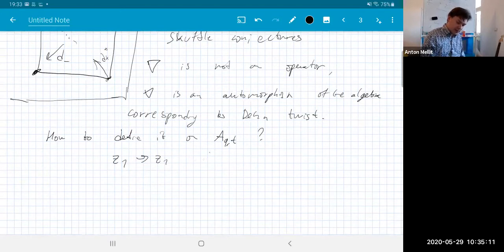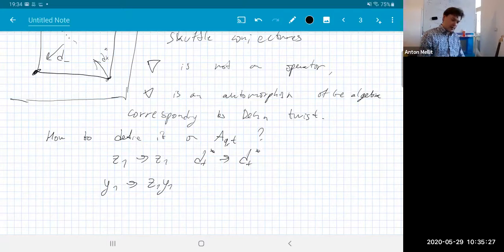You fix one set of variables, but then y1 gets multiplied by z1 y1, and then you have to compute how the other operators go, like d plus goes to z1 d plus.